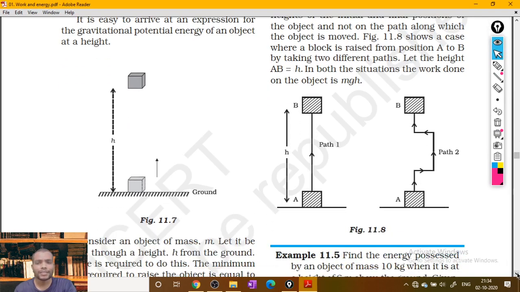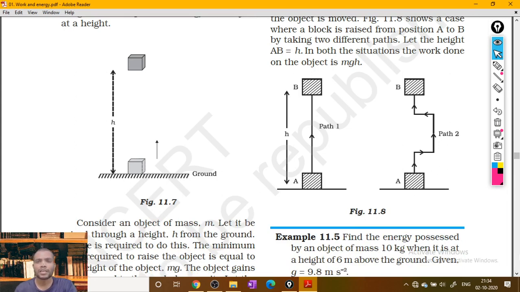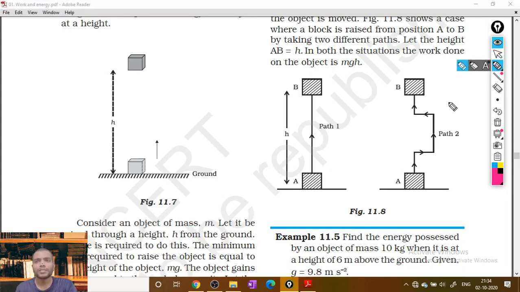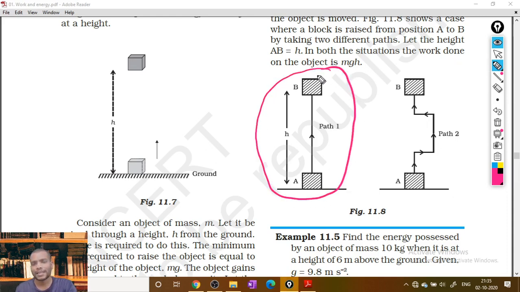And one more point while we discuss potential energy. Potential energy is independent of path. What does it mean? Suppose you are lifting an object from the ground to a height h. You want to keep the object above a certain height.